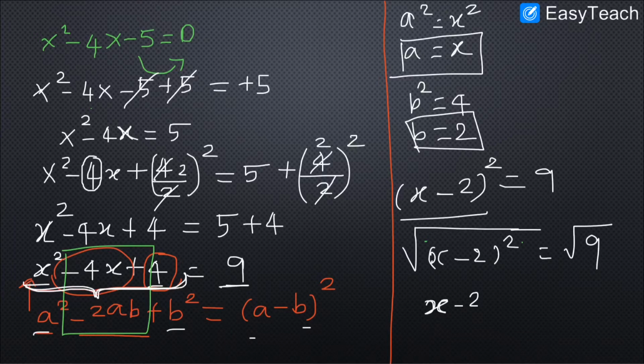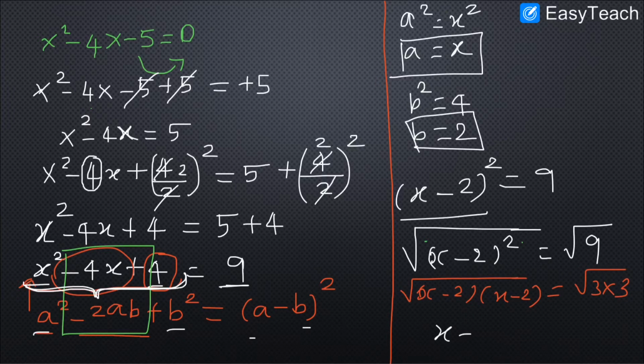To take the square out, you can take one x minus 2 out. Root 9 equals 3, because we can write 9 as root of 3 into 3. Just write it: x minus 2 equals 3.